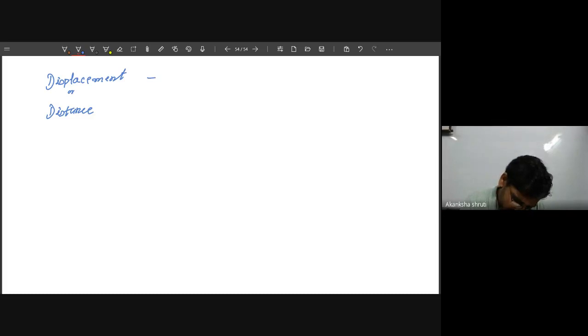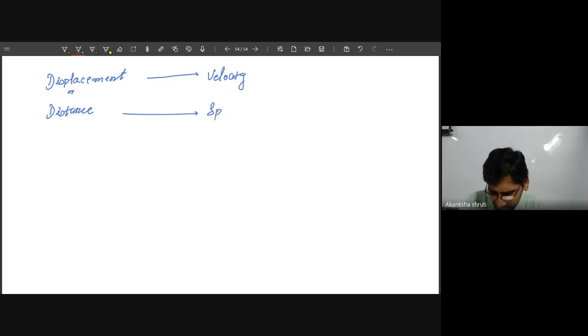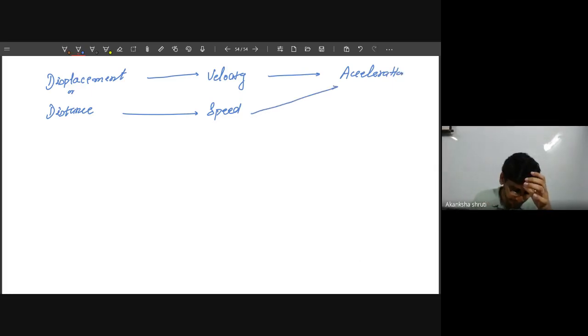So from this distance we can calculate the speed, and from the displacement we can calculate the velocity. And if the velocity is changing, then we can calculate the acceleration. Even if the speed is changing, that also gives the same thing.